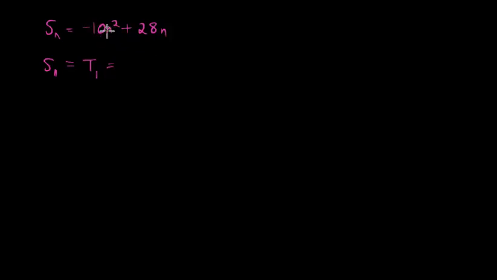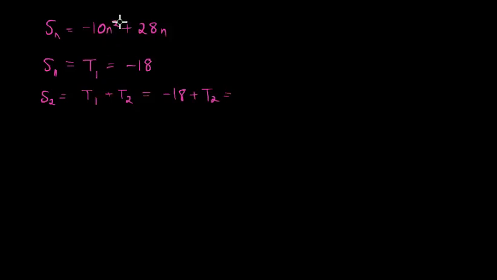That gives me negative 10 plus 28, which is 18. S2 is equal to term 1 plus term 2, and now I know what term 1 is. It's already 18, so plus term 2, but this must equal, I substituted 2 in there.